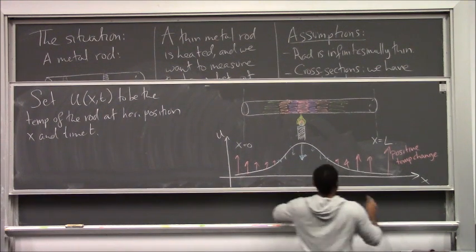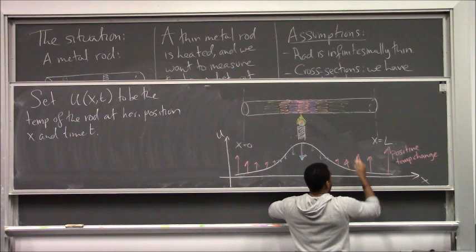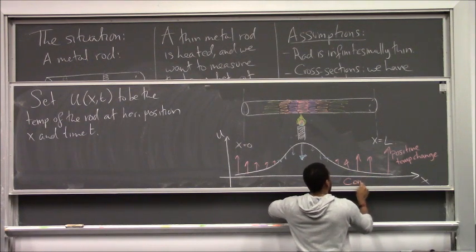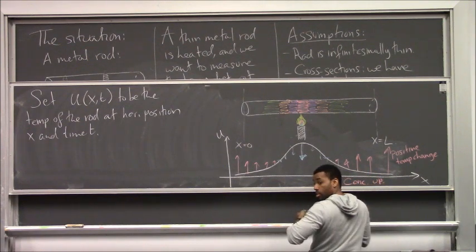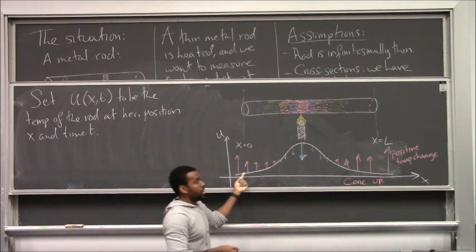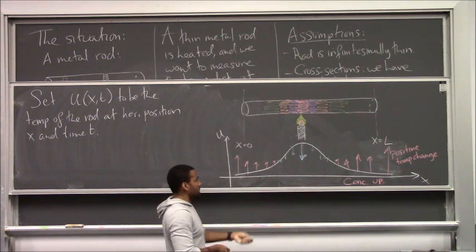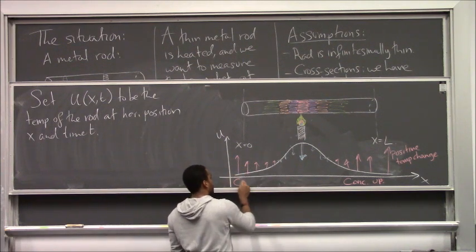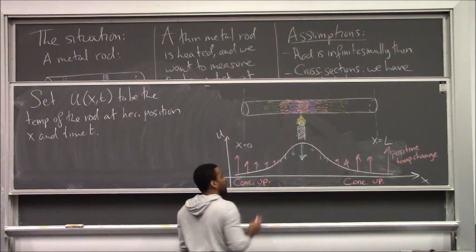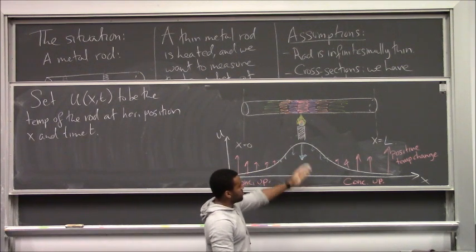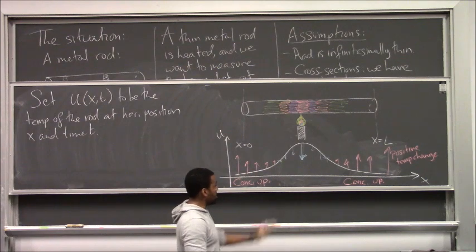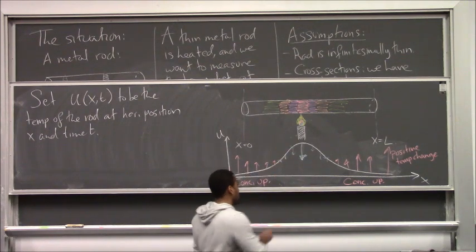And you would also notice that in this part of the graph, you are concave up. Over here, positive temperature change, how is it shaped? Concave up. Here, where you have negative temperature change, how will the graph behave? It'll be concave down, shaped like a frown.